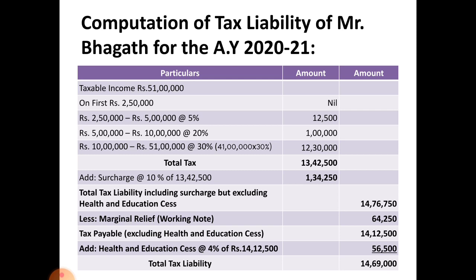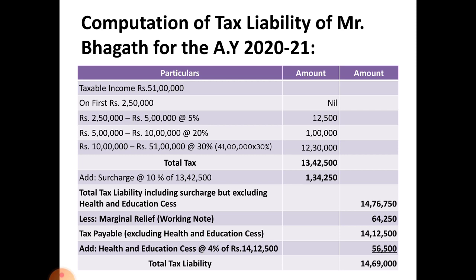His taxable income amounts to rupees 51 lakhs, but he is aged 42 years and he is in the age group below 60 years. So, up to first 2,50,000 is exempted from tax. The tax rate is nil for first 2,50,000 and for next 2,50,000, that is 2,50,000 to 5 lakh at the rate of 5%, that amounts to rupees 12,500, and on next 5 lakhs, that is from 5 lakhs to 10 lakhs at 20%, that amounts to rupees 1 lakh, that is 5 lakh into 20%.